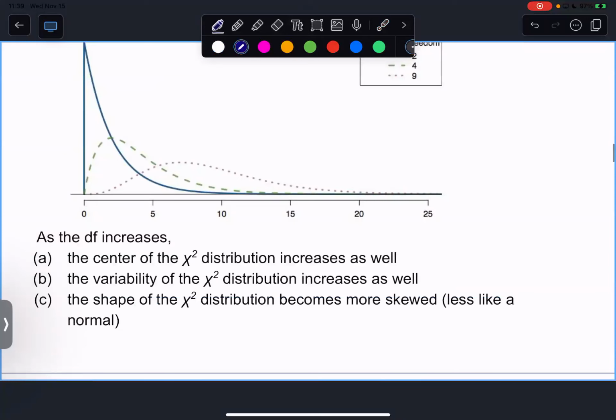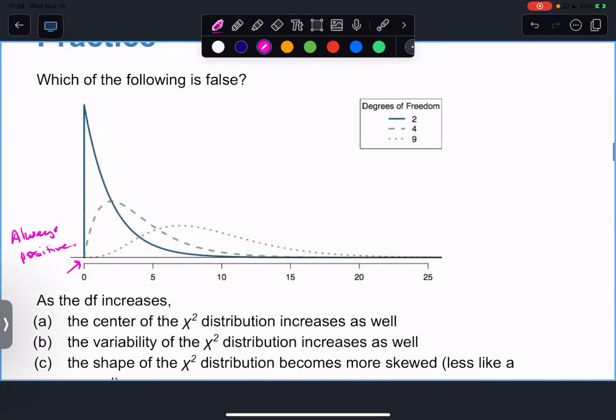So a key attribute is that the chi-squared can't be negative. Chi-squared is always positive, so you can't have negative chi-squareds. That makes sense. Why?